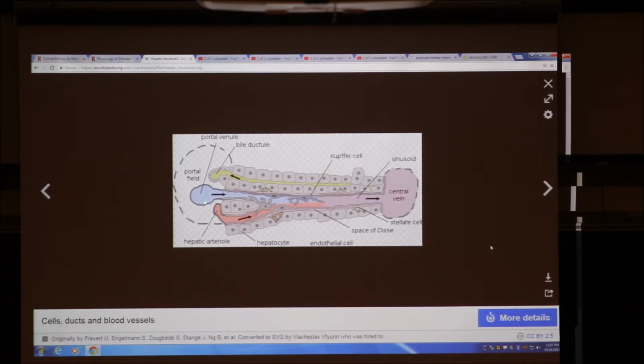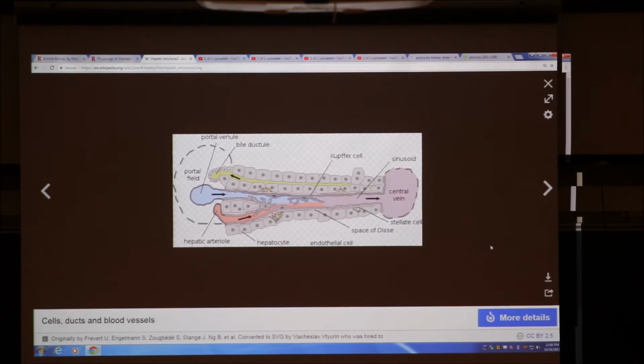Because there are probably some bacteria coming from the GI tract. It's not a perfect system. There's probably some bacteria coming in the portal vein, but then look, you got these soldiers here, Kupffer cells, that are going to phagocytize that. So that's, you know, the whole thing would be the lobule, and this is one part.